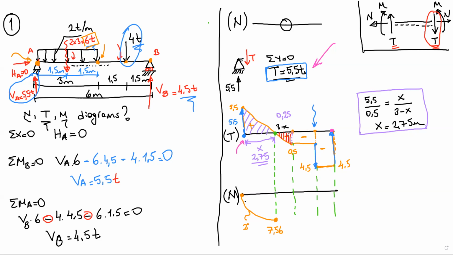It's minus, by the way, it's minus. We are going to reduce that part and let's draw it. Okay, we reduce this area and we get this 7.5. Now, this is again a second degree curve.